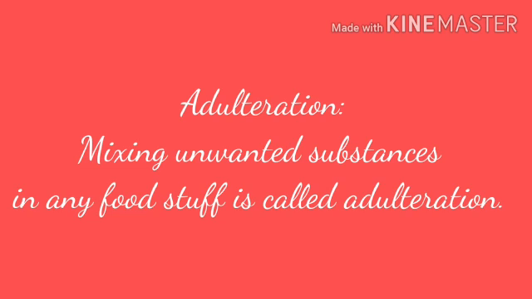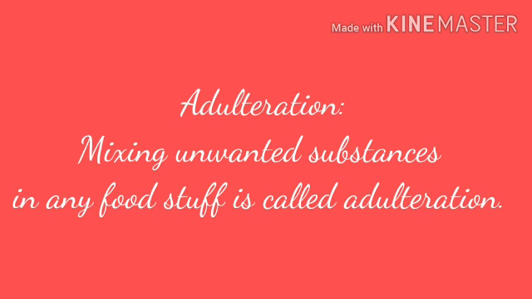Adulteration. Mixing unwanted substance in any foodstuff is called adulteration. In other words, an adulterated foodstuff is also a kind of mixture. When an unwanted and harmful substance is mixed with other substances, the resulting mixture no longer remains useful.